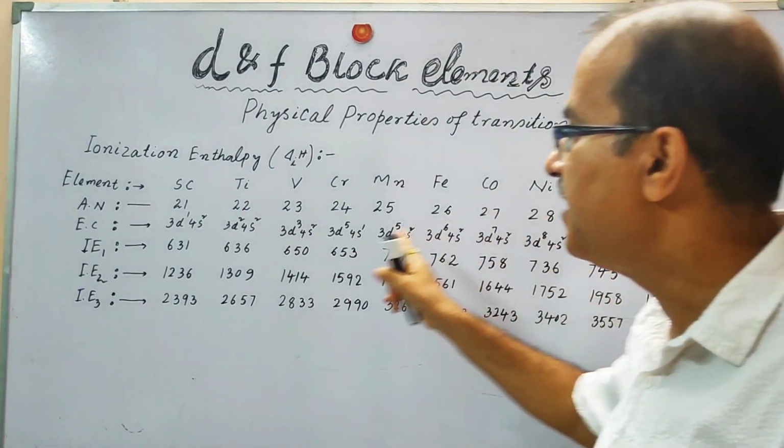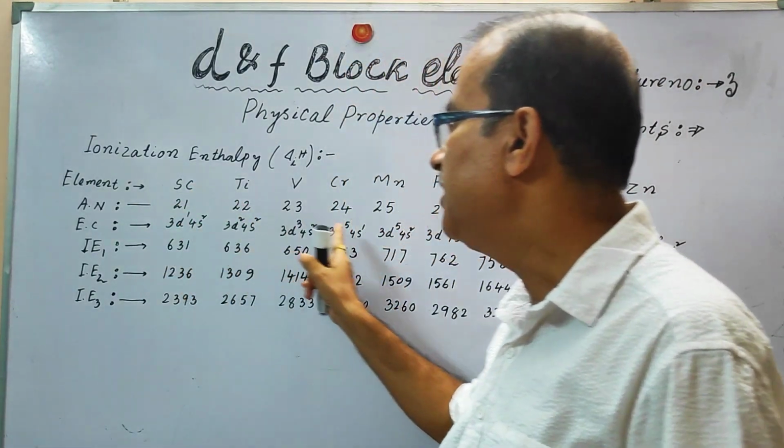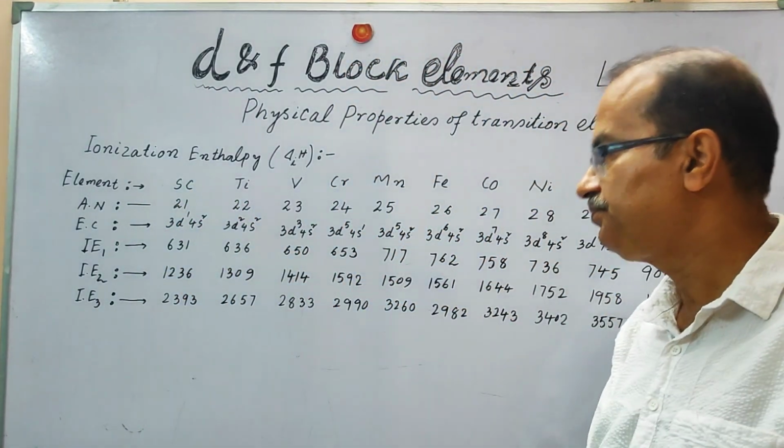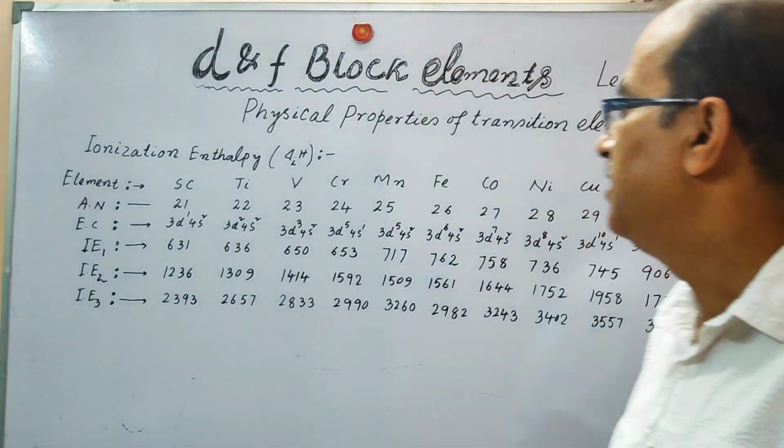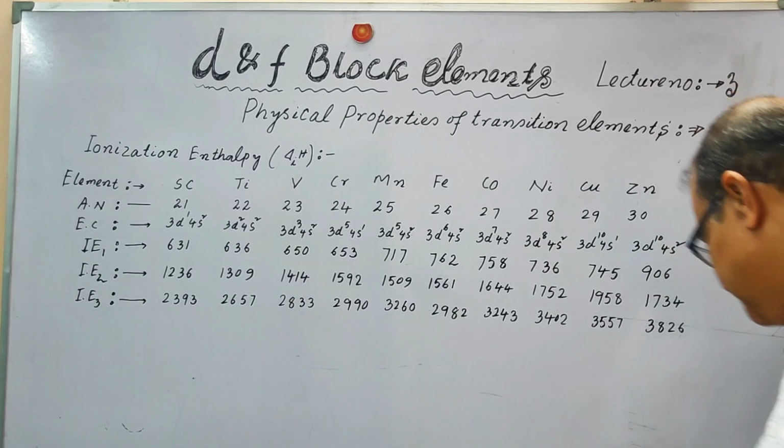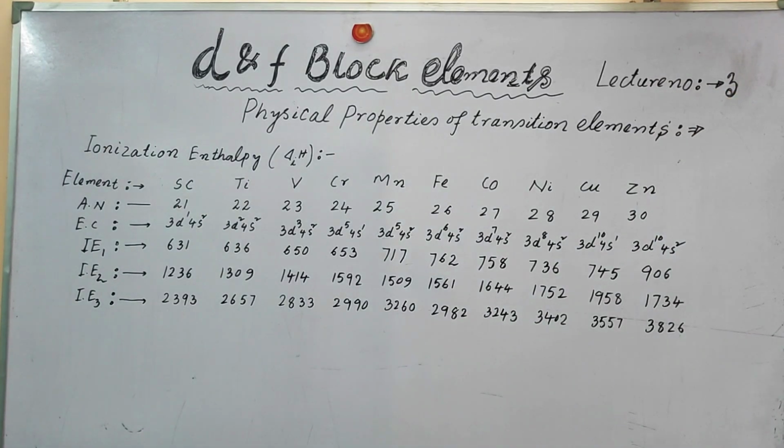To understand the ionization enthalpy, the electronic configuration is also required, so the 10 elements are given here along with their electronic configurations.